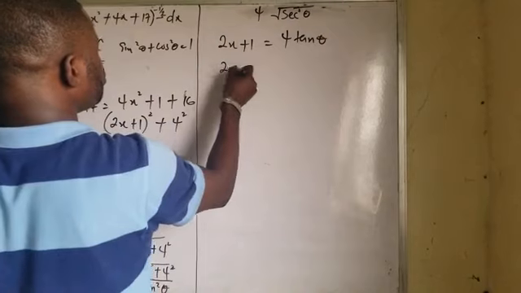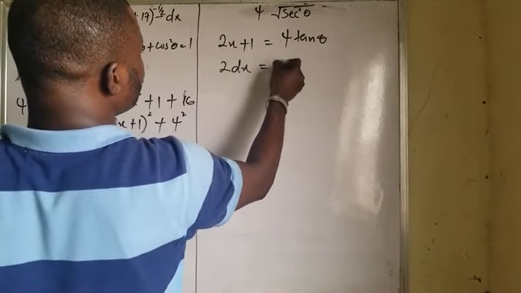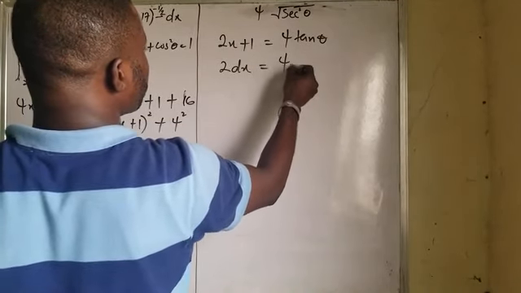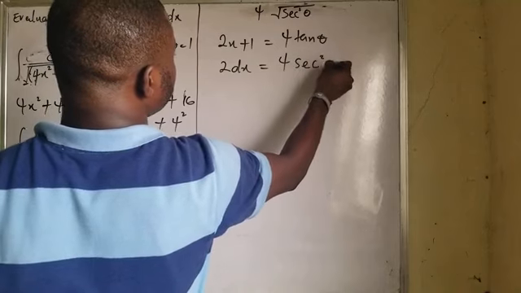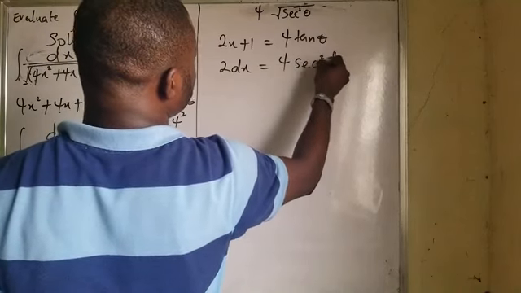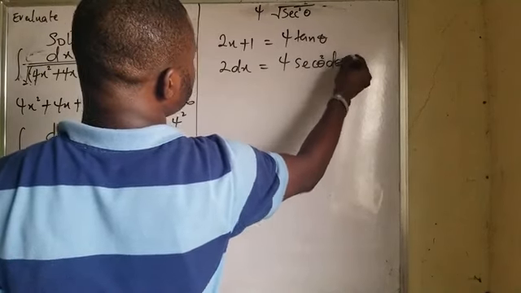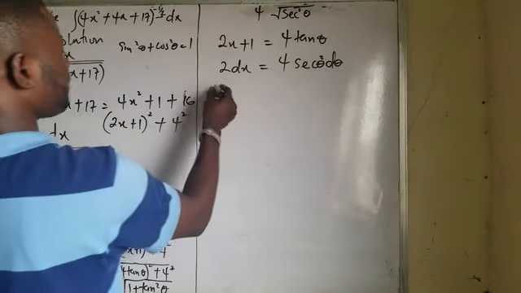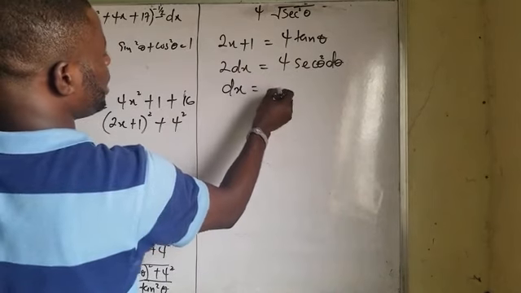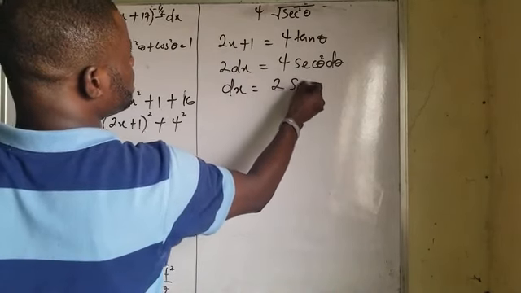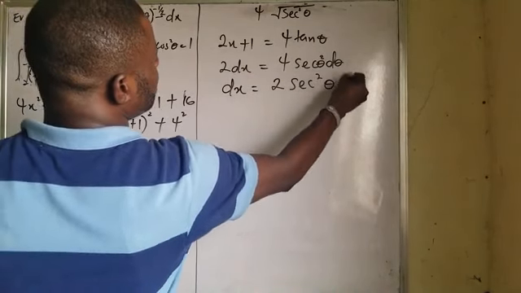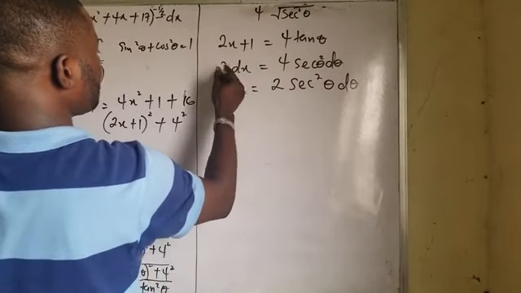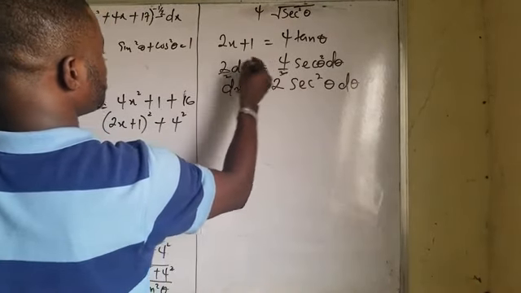Now, 2 dx equals 4 sec square theta d theta. What am I doing there? I'm differentiating. Now, my dx will be equal to 2 sec square theta d theta. I've divided this by 2, which gives it like that.